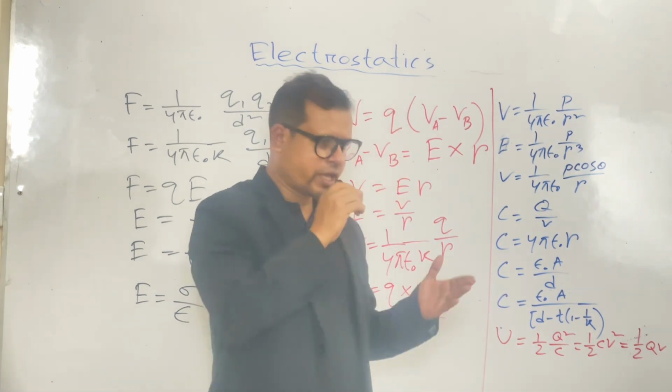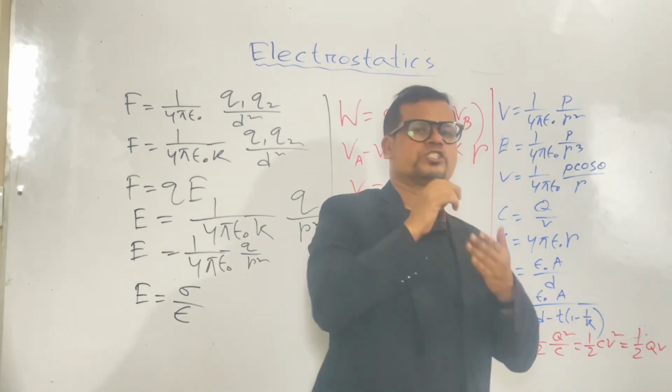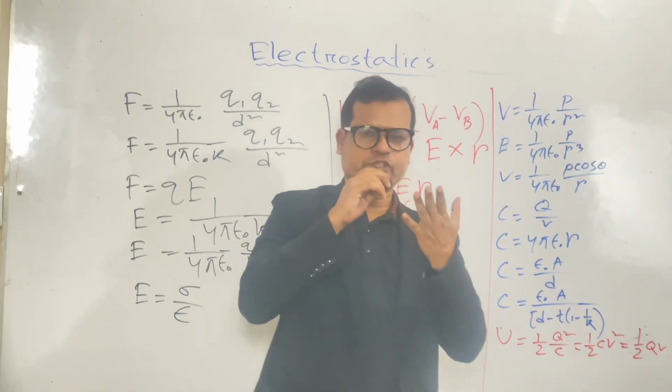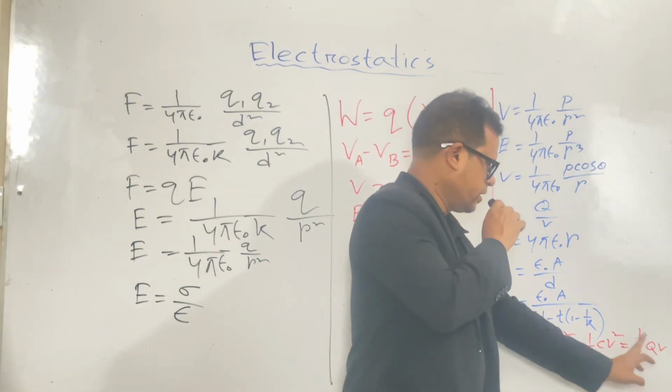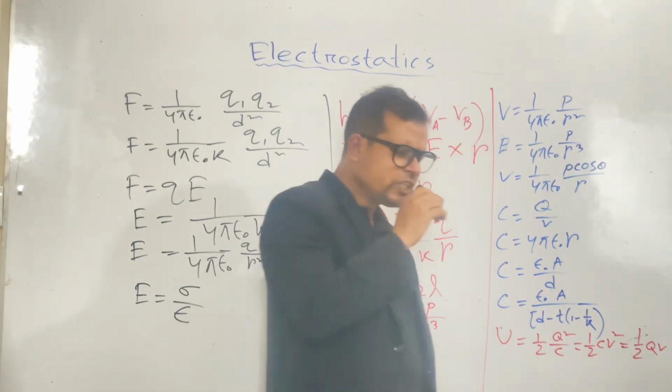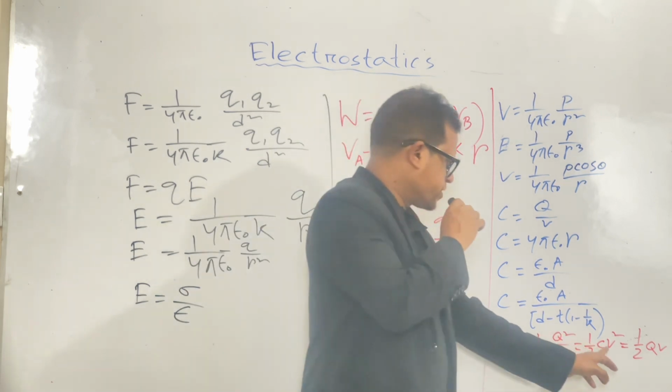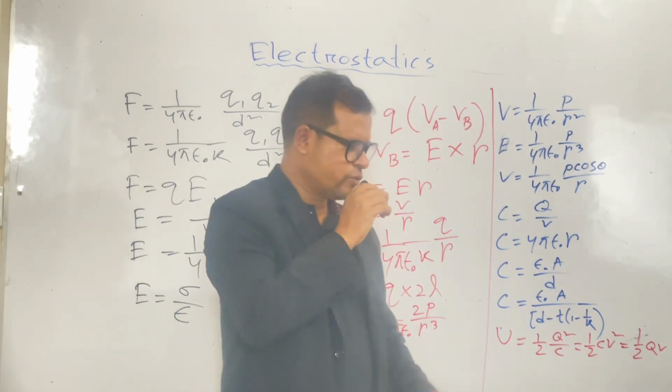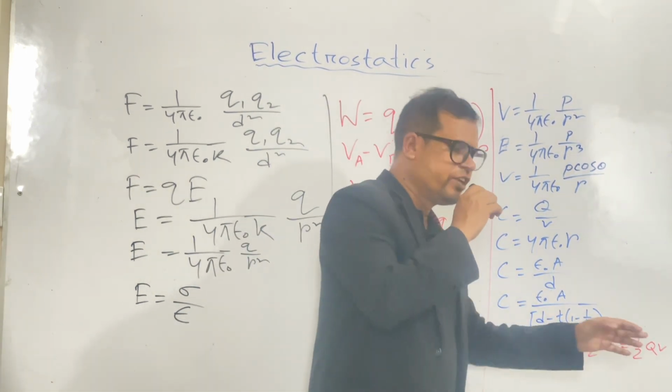If the question gives you Q and V, where Q is charge and V is voltage, then you apply half QV. If it gives you capacitance C and voltage V, then you apply half CV square.